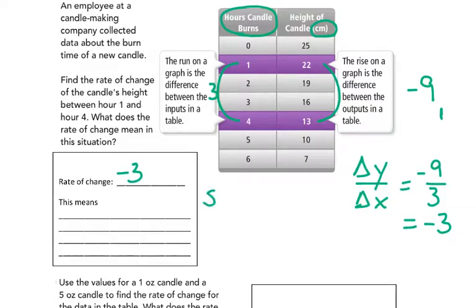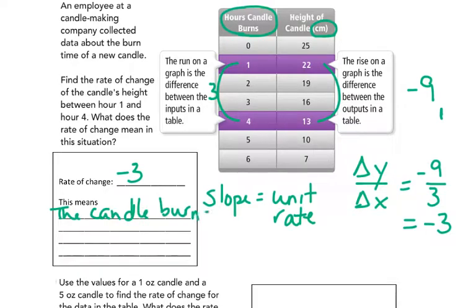So remember that we've already learned that the slope equals the unit rate, and the labels in my table will tell us it goes down centimeters per hour. So this means the candle burns 3 centimeters per hour. And that's what you would put for the meaning of the slope.